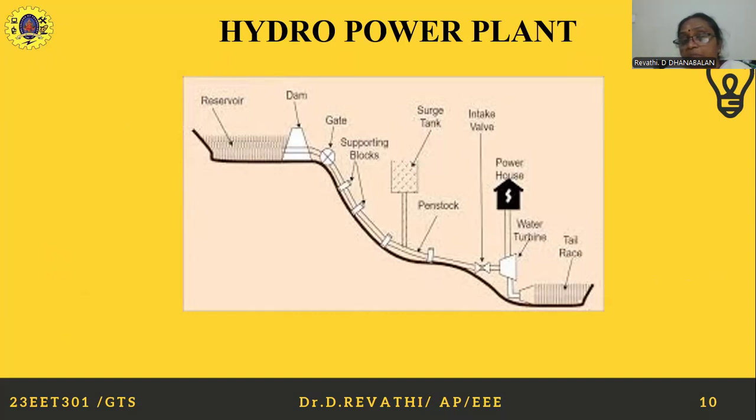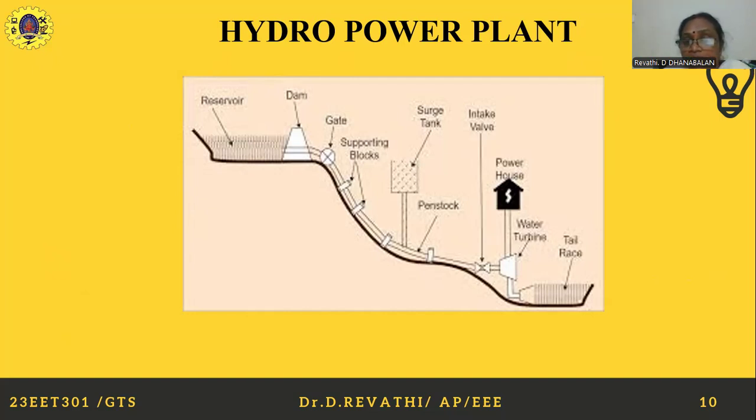At this time, the remaining water is stored in the surge tank. Suppose we need more kilowatts based on demand. Then the surge tank also helps to flow water to the turbine to increase the electricity.